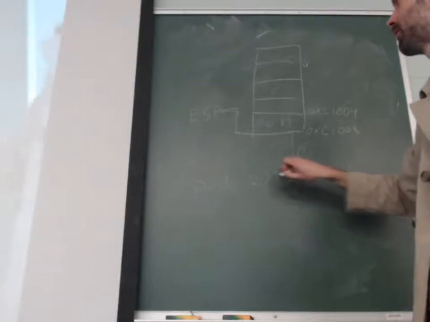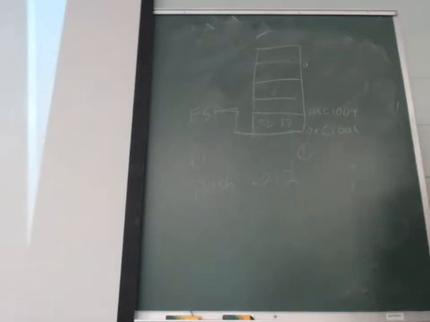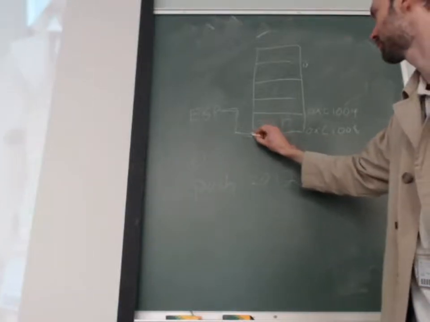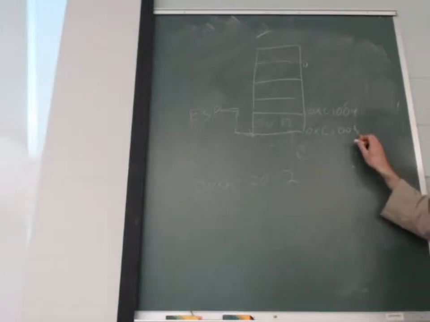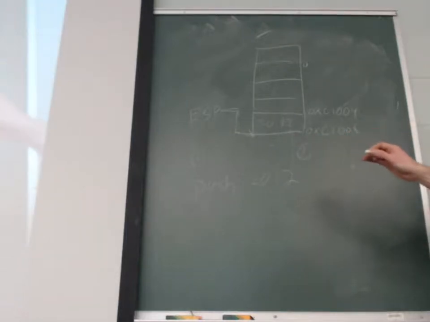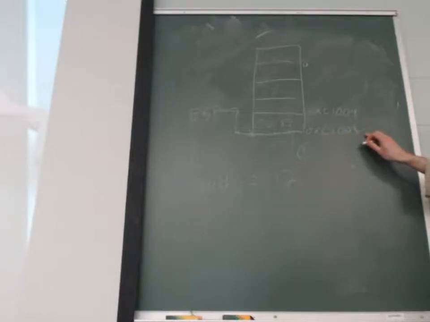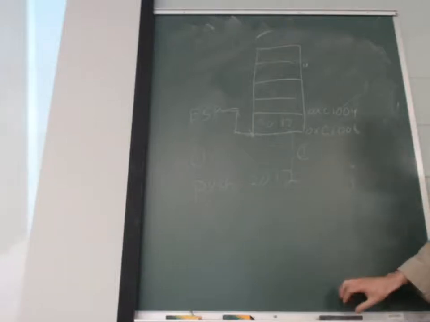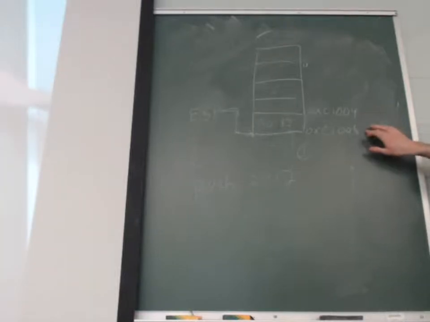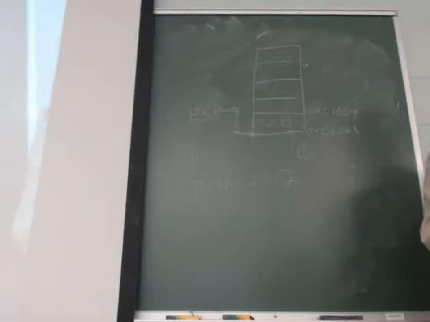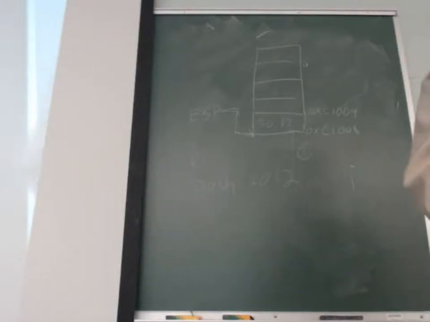So after this push instruction, what is the value of ESP? 0xC1008. Right, you're correct. I just didn't quite speak right. So it's not the one that ends in 4, it's the one that ends in 8, because we have pushed something onto the stack.